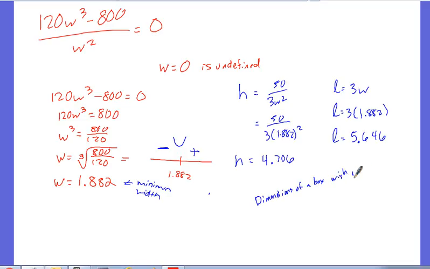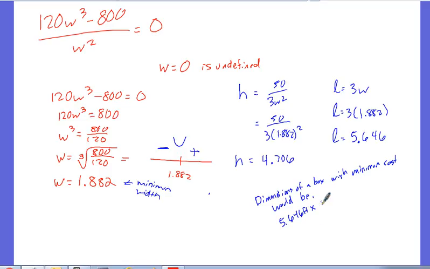So the dimensions of the box with minimum cost would be, how would I write this? It's always length, width, height. Does it technically matter? Not at all. Okay, but just formality. So it would be 5.646, by the way, what is this? Feet? Inches, does it say? Feet.